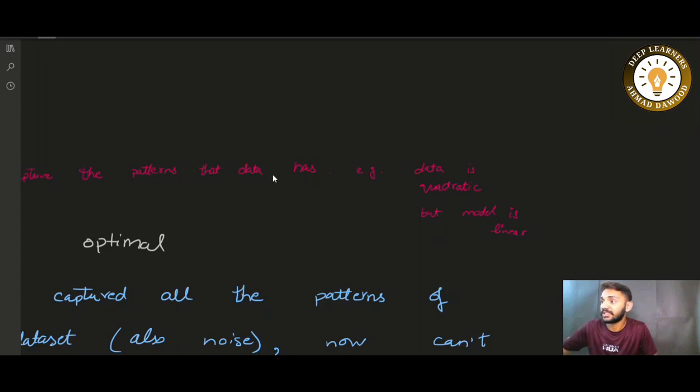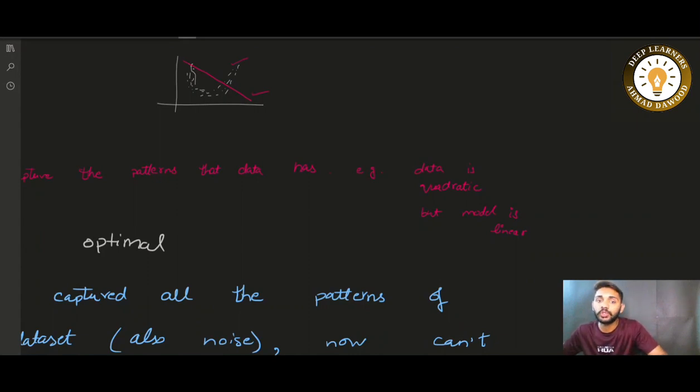For example, if your data is quadratic, with data points like this, and your model is linear, then no matter how many data points you feed during training, it will give an error. The model is linear but the data is quadratic, so it gives high error on the training points and also on the test data points.